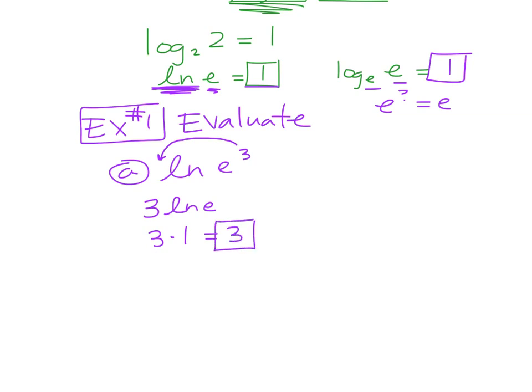Or you can think of it like this. This right here is an e, essentially, log base e. So you could think of it as e to what power equals e cubed? That would be 3. So I don't care if you do properties or if you do exponents.